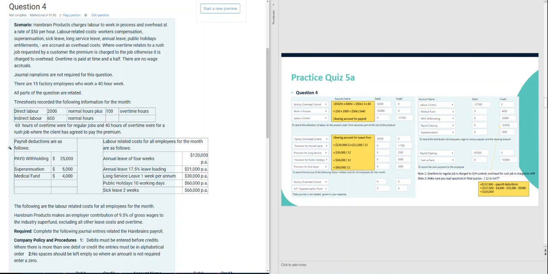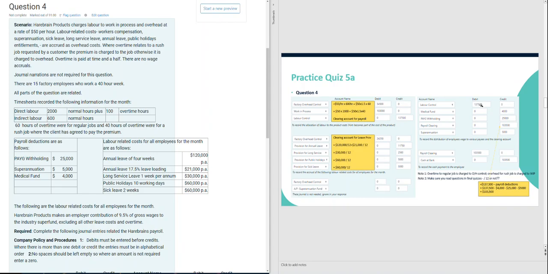The reason we put medical fund first is because it's alphabetical order. So medical fund is $4,000, followed by PAYG, which is $25, and then superannuation, which is $500.